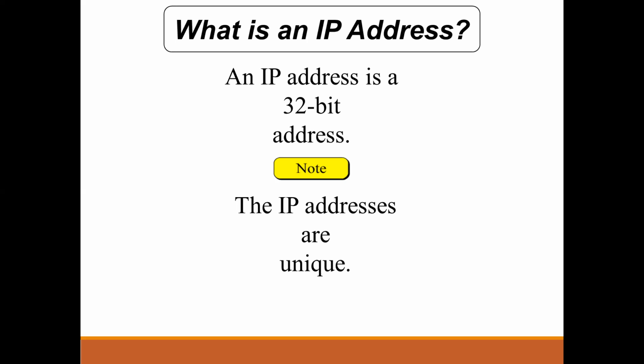Whereas IP version 4 is 32-bit long and IP version 6 is 128-bit long. The IP addresses are unique and universal. So one by one, we will see this in detail.